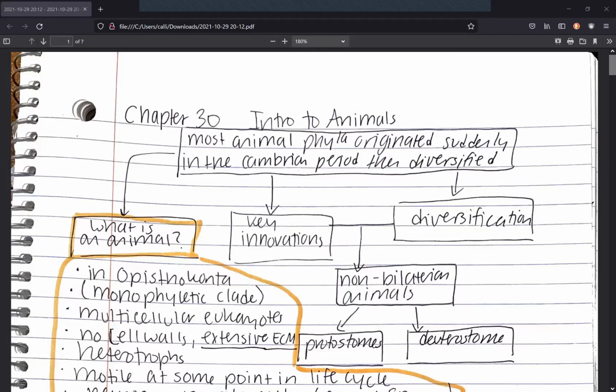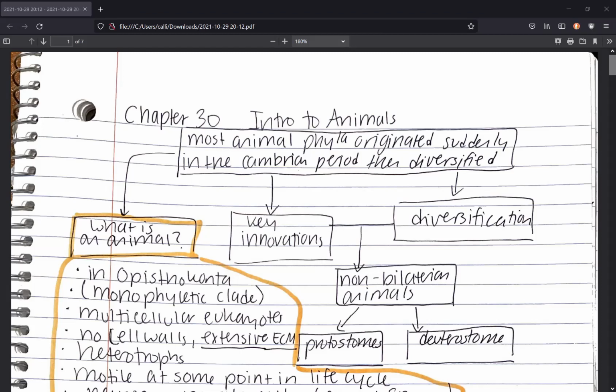From looking at a few different ways of analyzing evolutionary history and genetics, we can gain a grasp of what an animal actually is. We'll talk about key innovations and diversification of animals, which gives rise to the difference between bilaterian animals and non-bilaterian animals.